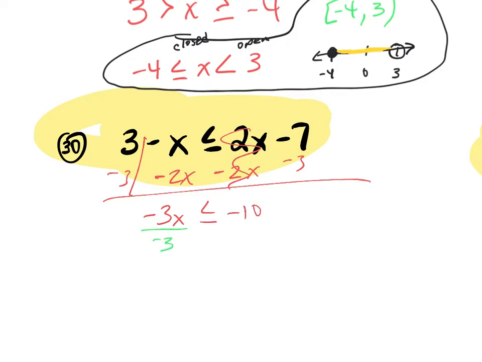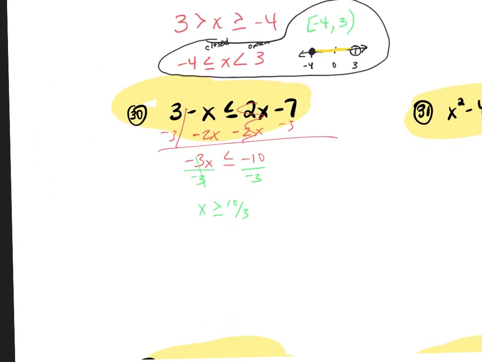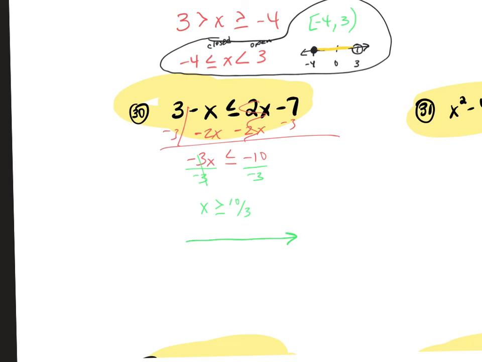Divide both sides by negative 3. When I divide by a negative number, what do I do to the inequality sign? Flip it. Good. So x is greater than or equal to 10 over 3. So there's the first part of my answer. The second part of my answer would be, I need to graph this. So I have 0. I have 10 over 3.